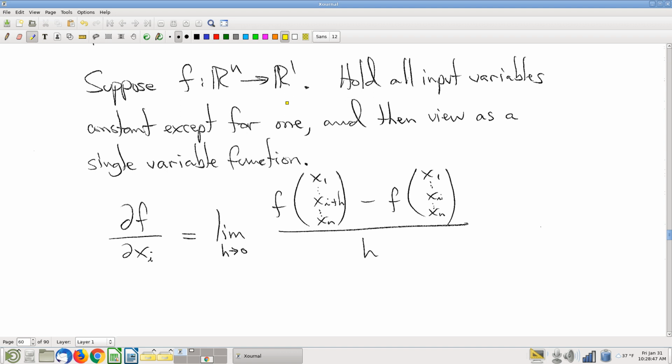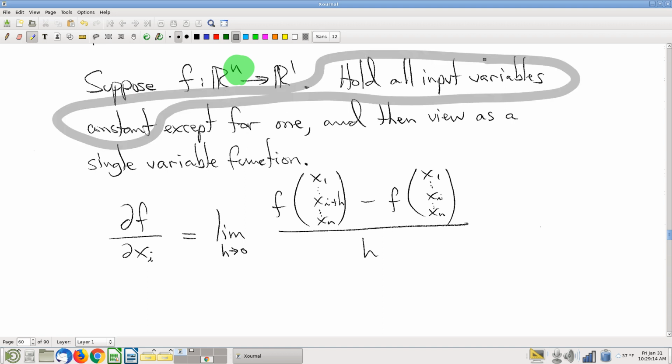So if I wanted to take a derivative of this thing, all I know about how to take derivatives at this point is how to take a derivative when there's a single input variable, yet it remains, at the moment, I have n input variables. And what I'm going to do is, honestly, kind of a cheap trick. With these n input variables, I'm going to hold all of the input variables constant.